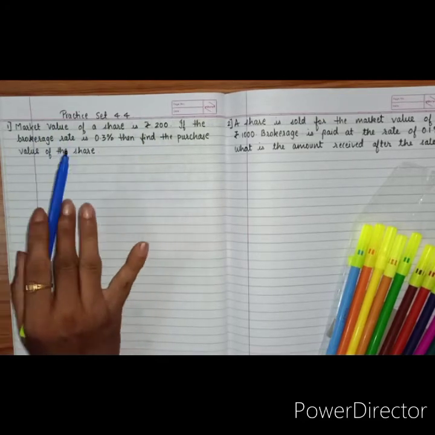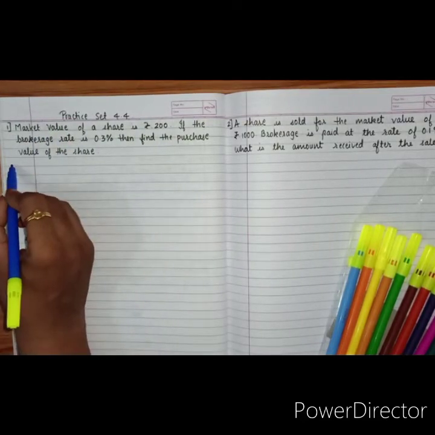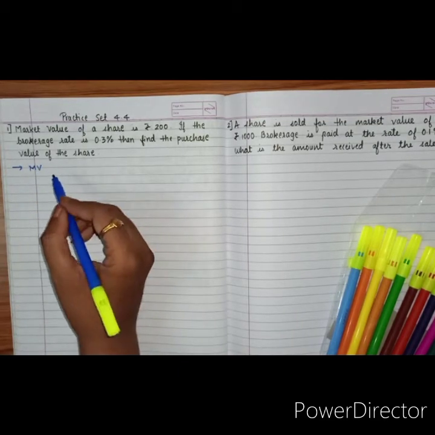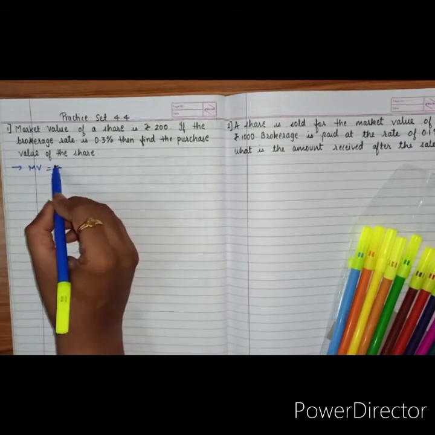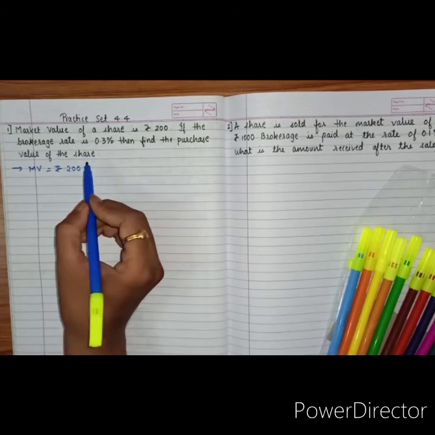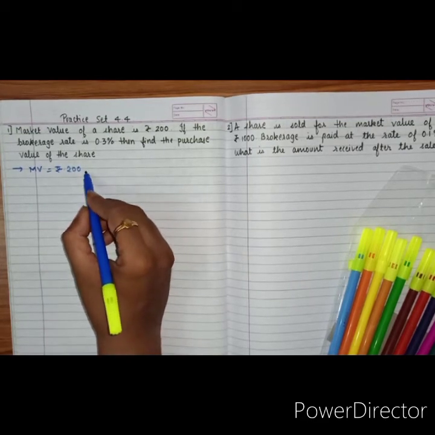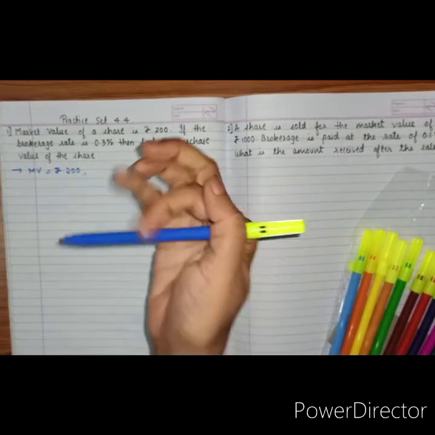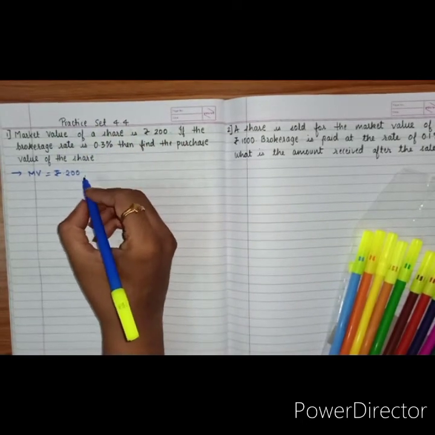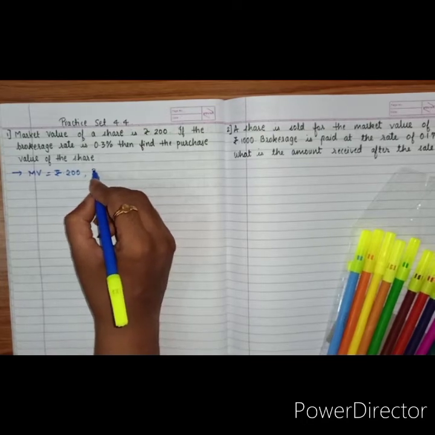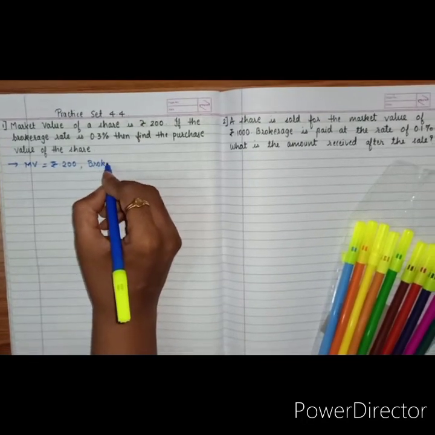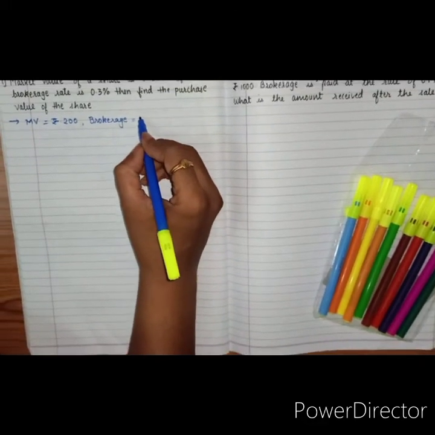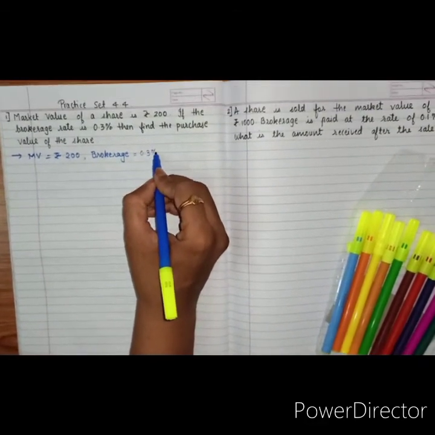So first let us write down what is given to us. Given to us is the market value of a share, that is rupees 200. And what else is given to us? Given to us is brokerage. Okay, and brokerage rate is given, that is 0.3%.